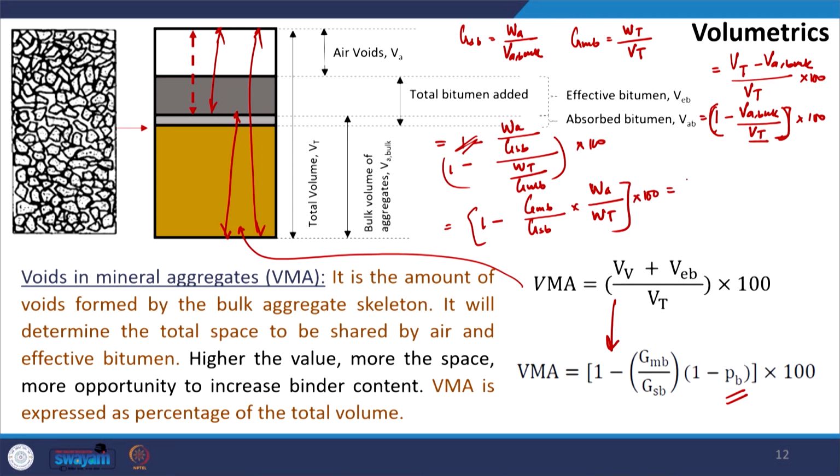This is GMB by GSB multiplied by weight of aggregate, which can be written as weight of total mix minus weight of bitumen, divided by Wt into 100. So, this can further be written as GMB divided by GSB into 1 minus weight of bitumen by weight of total mix into 100.